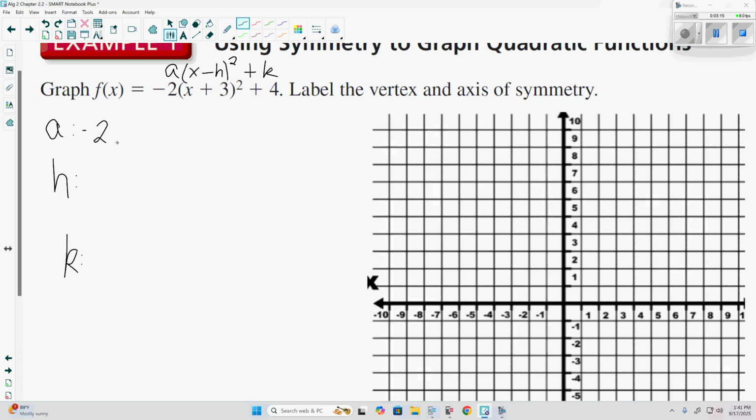Negative 2. H is indeed negative 3, because x plus 3 inside the parentheses, the only way we can get it is if h is negative. And the value of k is 4. And it would indeed be positive.